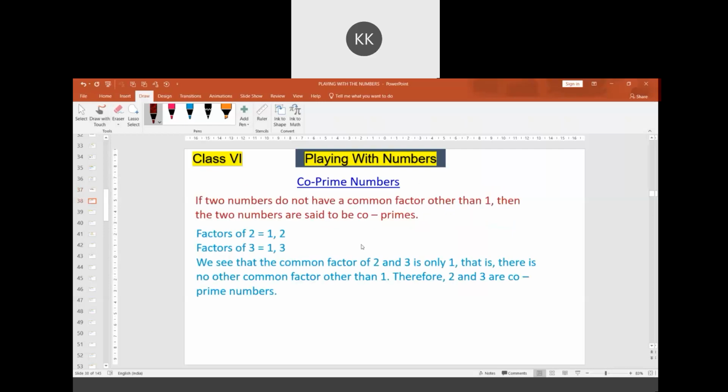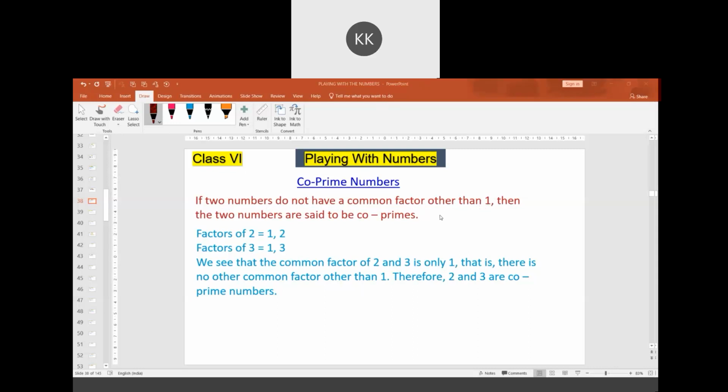Now we shall discuss another concept called co-prime numbers. Unlike prime numbers, these co-prime numbers are slightly different. What is a co-prime number? Co-prime numbers refers to two numbers which do not have a common factor other than 1.